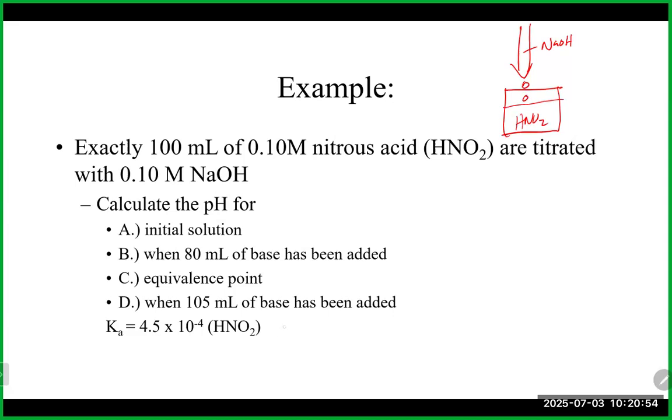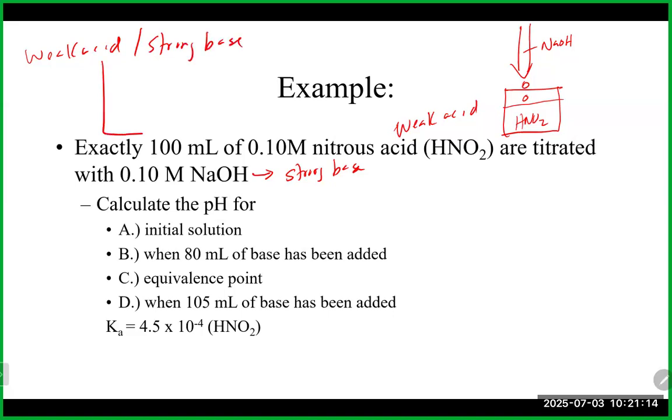We have a Ka value for nitrous acid, so that immediately tells us this is a weak acid, right? And sodium hydroxide is a strong base. So we are doing the titration that we talked about in this example of the weak acid and strong base titration. That should give us a curve that kind of looks something like that going through it.